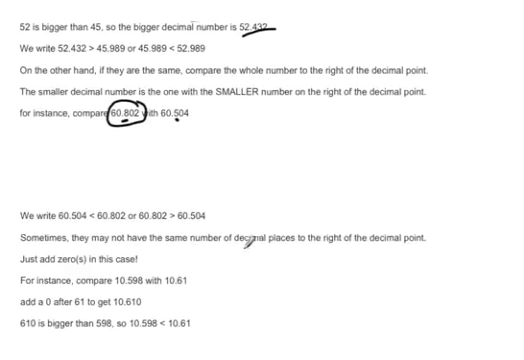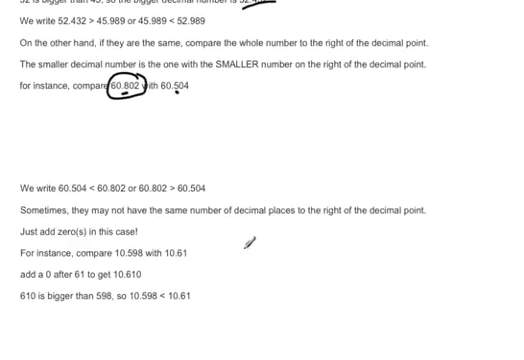Now, sometimes you're going to have numbers that don't have the same number of decimal places. What you need to do in that case is just add zeros to the number that has the lesser amount of digits. So if I look at 10 and 598 thousandths and 10 and 62 hundredths, if I just add the 0 here, now I end up with the same amount of digits, so you can look at the numbers equally, just like I said right here. I added a 0.